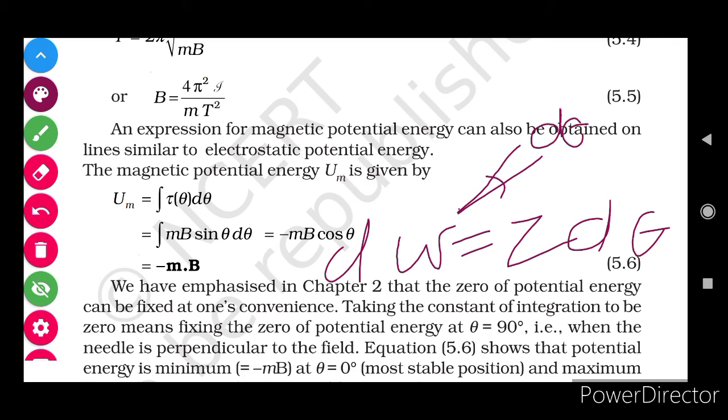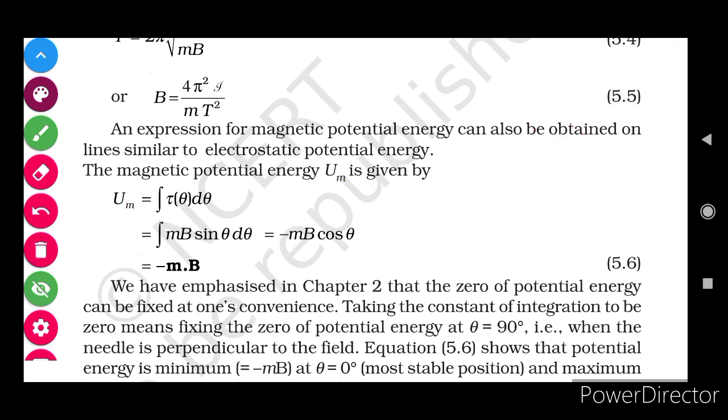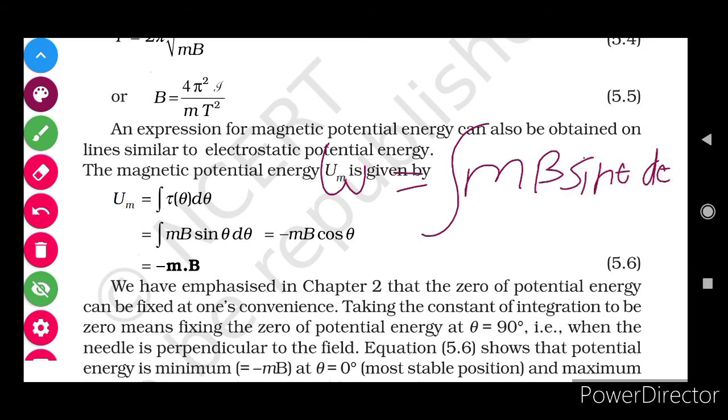For the total work done in rotating the dipole from theta 1 to theta 2, the work done will be the integration of tau d theta from theta 1 to theta 2. We put the value of tau, that is mB sin theta, in the integration from theta 1 to theta 2.